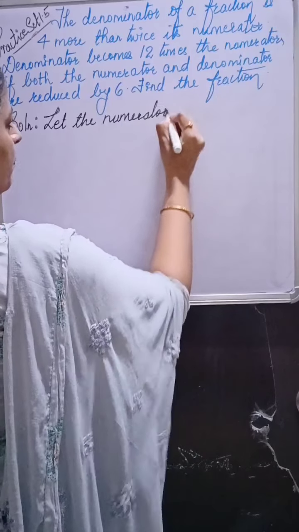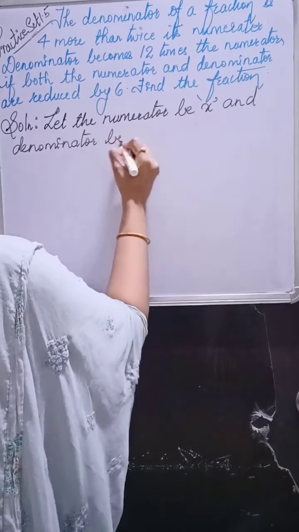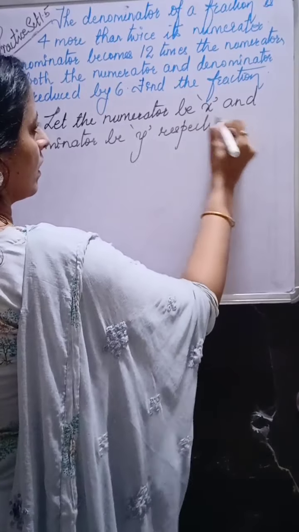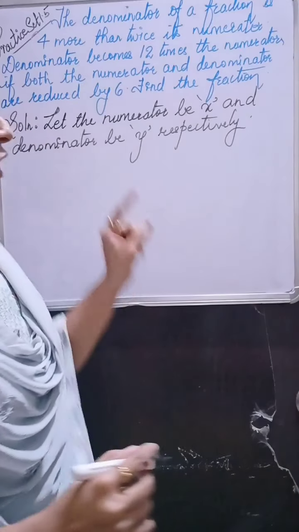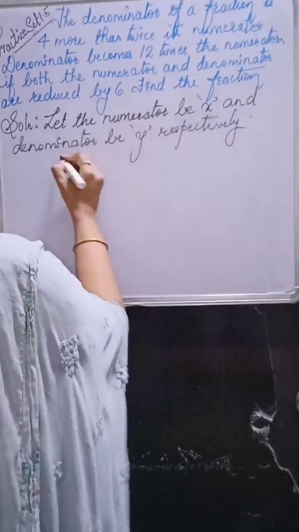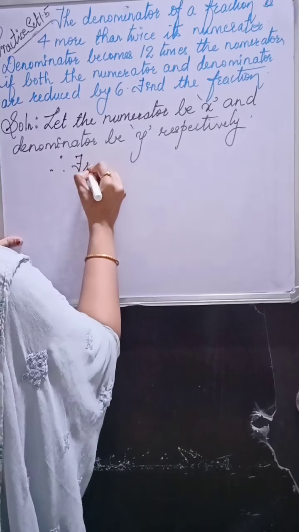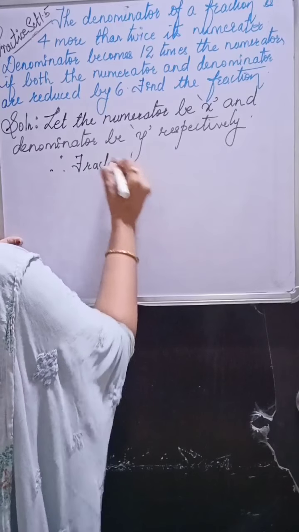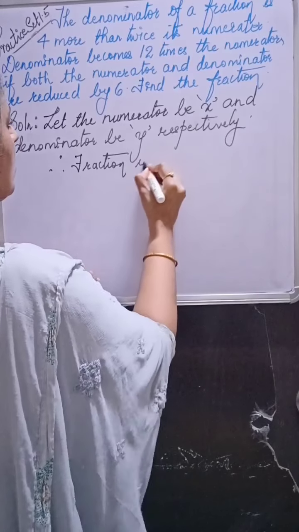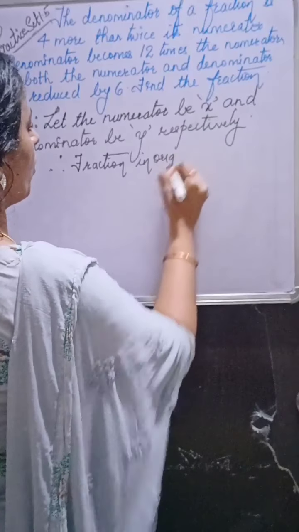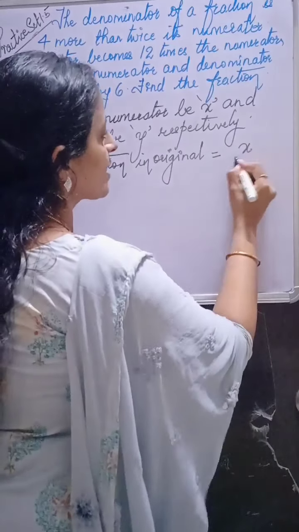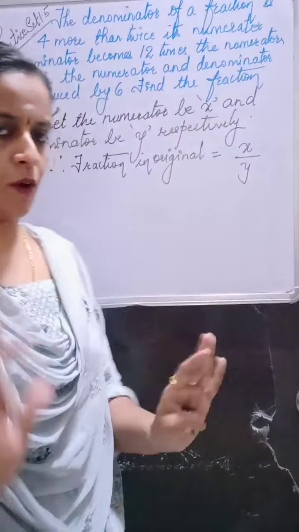Let the numerator be x and denominator be y respectively. So what will be the fraction? Therefore, the original fraction will be x upon y, numerator upon denominator.